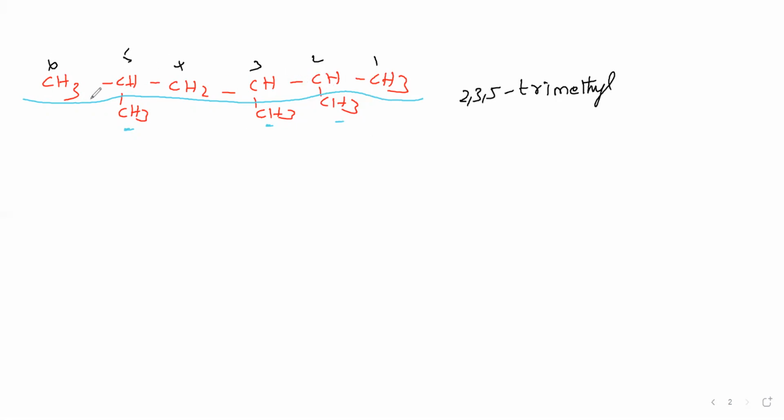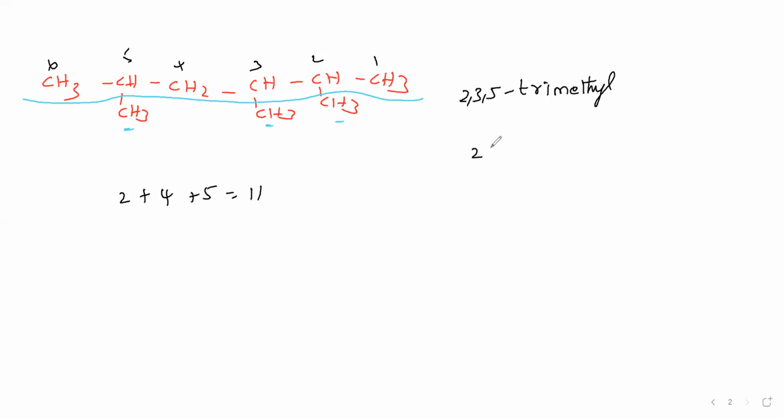Now, if we start from the left extreme, this position is 2, this position is 4, this position is 5. Therefore, 2, 4, 5. Now, let us add and see how much sum we are getting. We are getting 11.